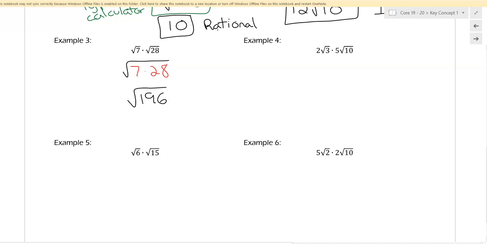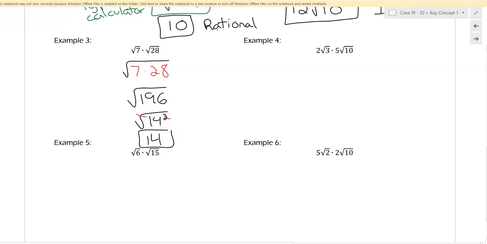The other way you can think about this is the same way we did our other problems, where this is also the square root of 14 squared, right? If you go back to that C1, C2 activity. And our square roots cancel, so I'm left with 14.